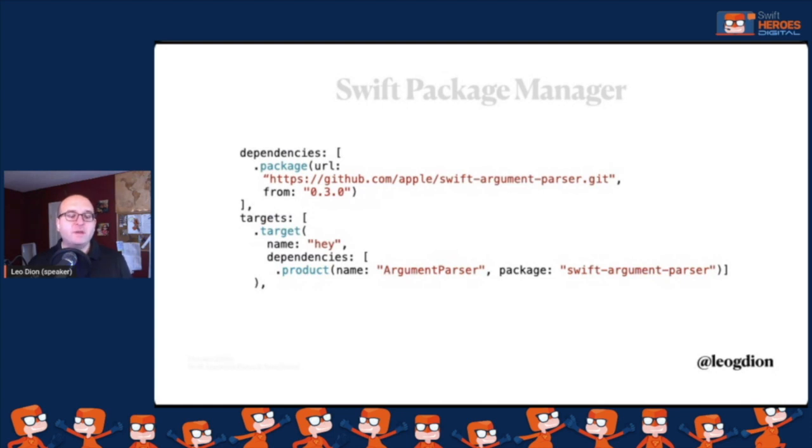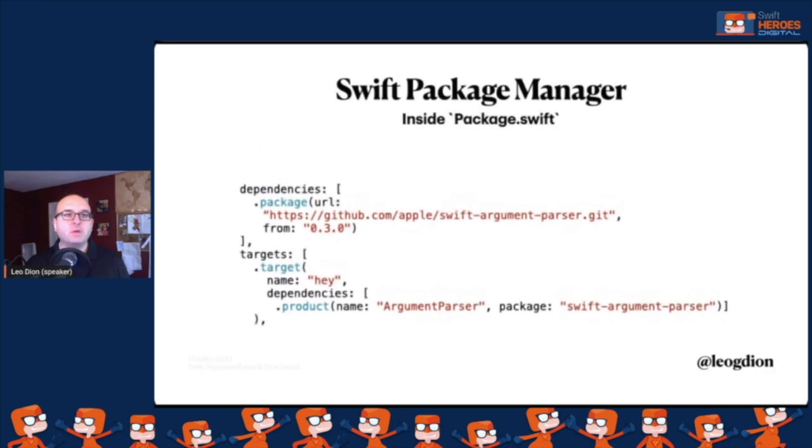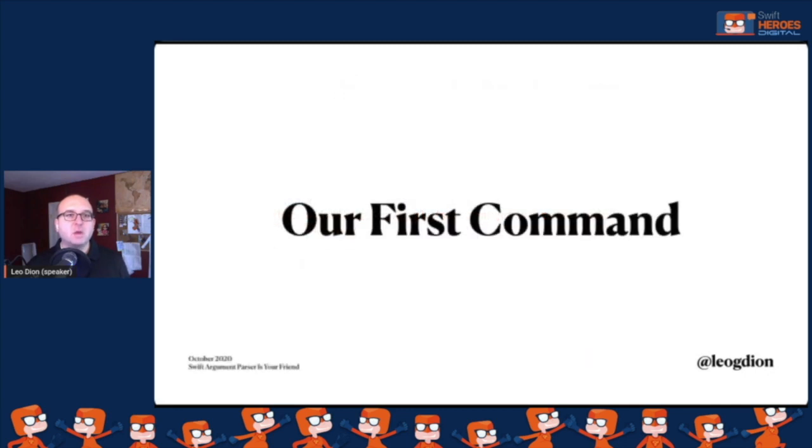The way the dependency works in the packages is you just have the GitHub repo URL and then whatever the latest tag that you want to pull. And then under dependencies, you just need to specify the product name as well as the package, which is basically the last part of the repo URL. So this will give you Swift Package Manager automatically, and it will automatically resolve those repos and build out that package.